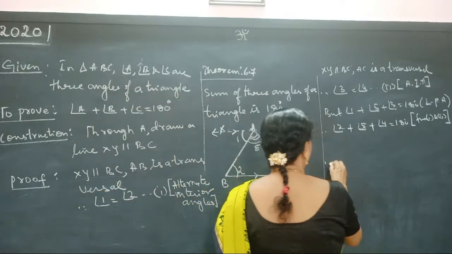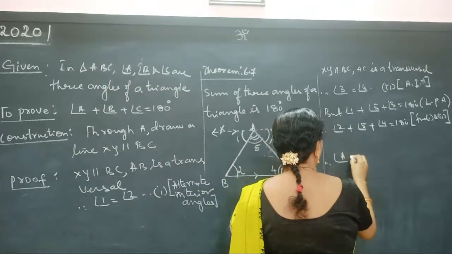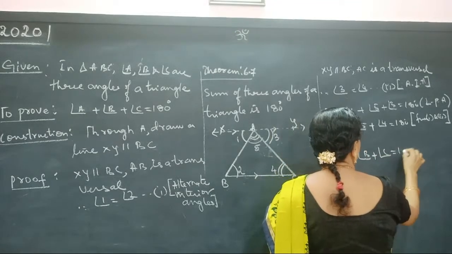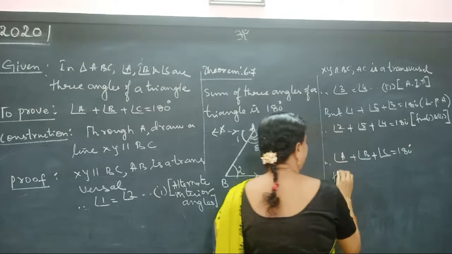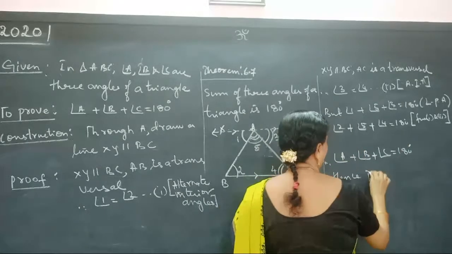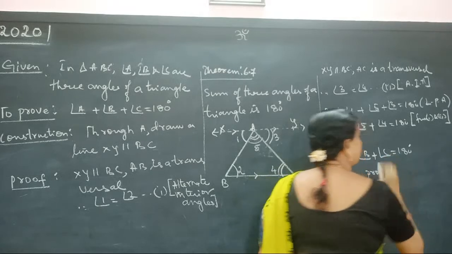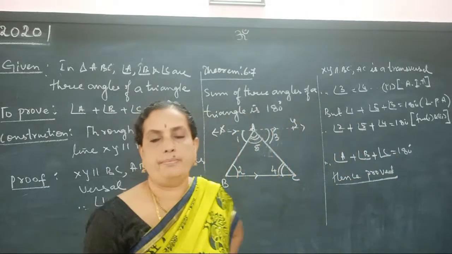Then again you write, therefore, angle A plus angle B plus angle C equals 180 degrees. Hence proved. This is theorem 6.7.